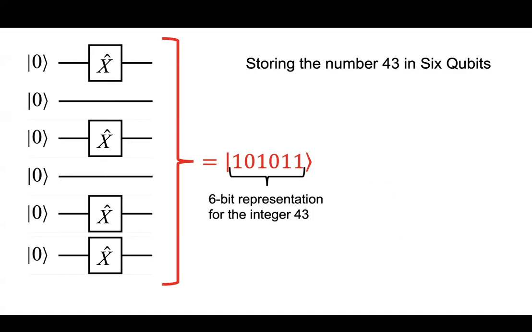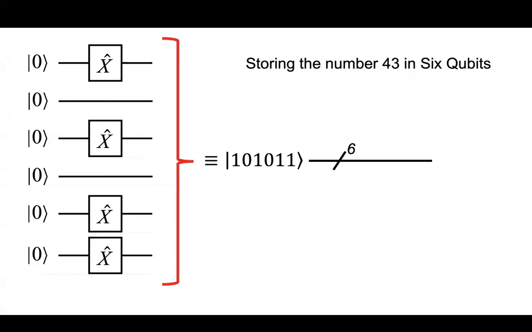Since we're using 6 qubits, the compact way to draw this circuit is this. Notice the number 6. It is the binary representation of the number that's usually inside the ket, but you might encounter situations when the decimal representation is used instead.